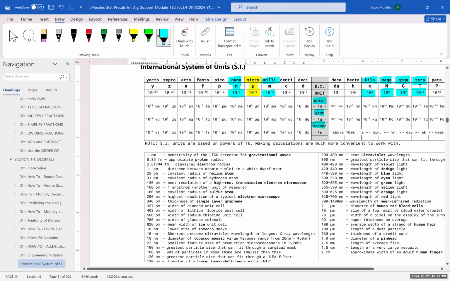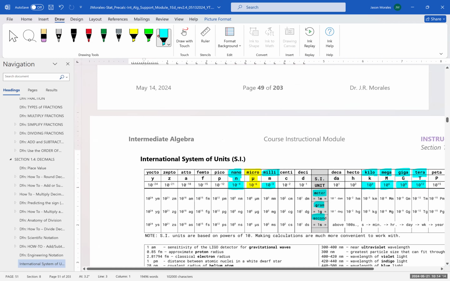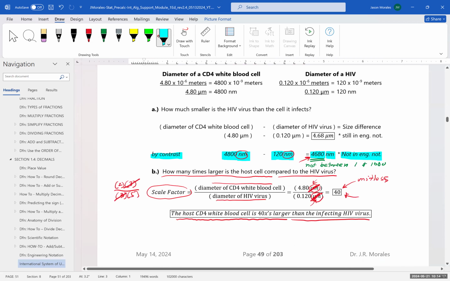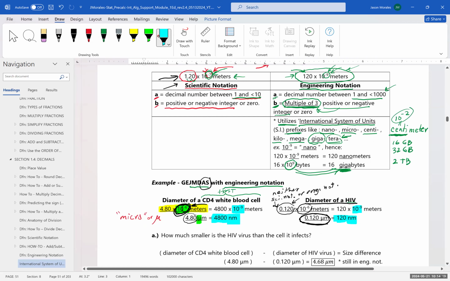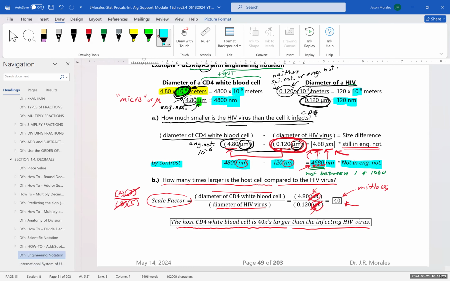And down below, to give you a sense of scale, I put the sizes of things at these different scales. So feel free to look at that if you're curious how big things are relative to each other. Okay, so that concludes the explanation for engineering notation. Let me know if you have any questions.